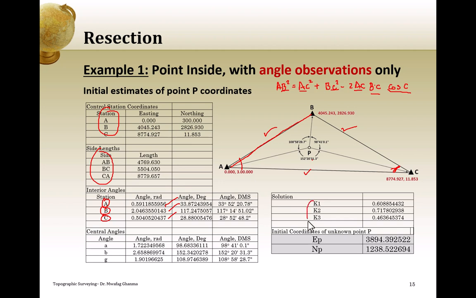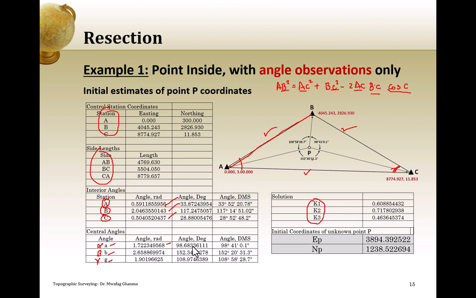And then what do we have? We need to have the K's, which are 1 over cotangent A minus cotangent alpha. These are the central angles, alpha, beta, and gamma. Actually, these should be in Greek letters, but it's okay.